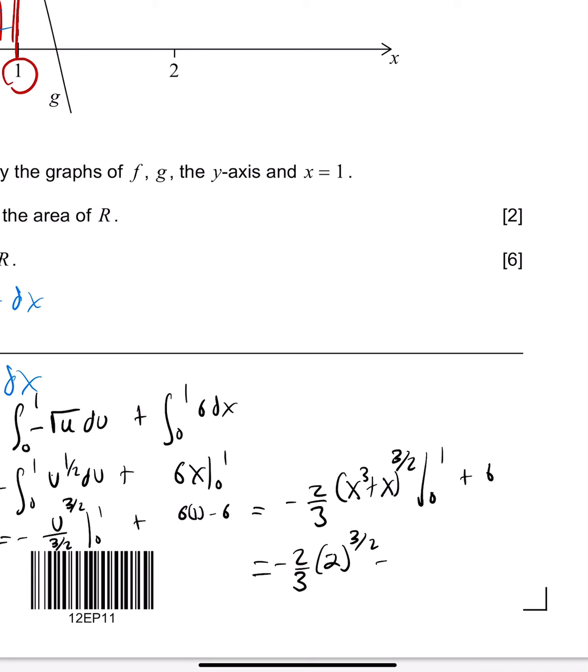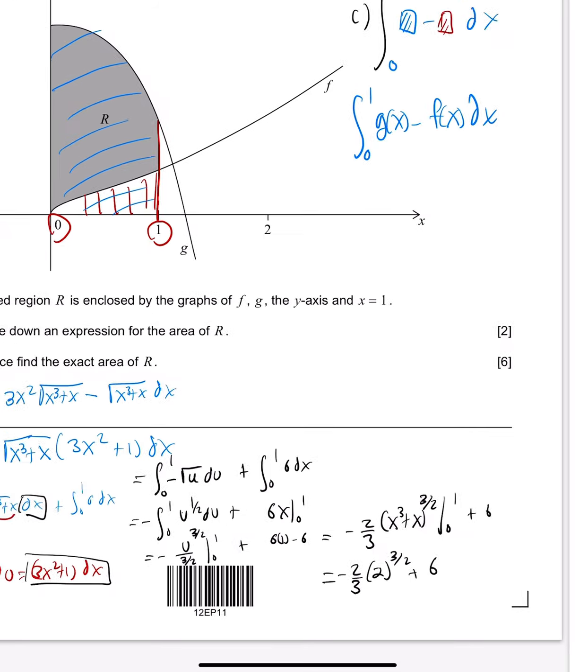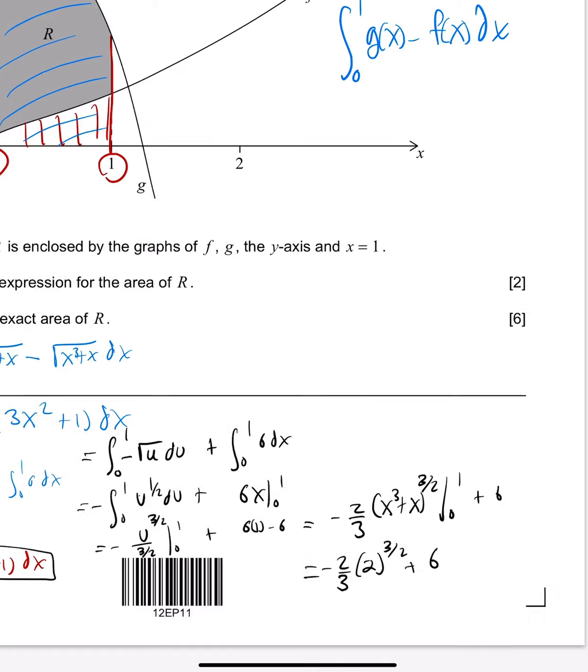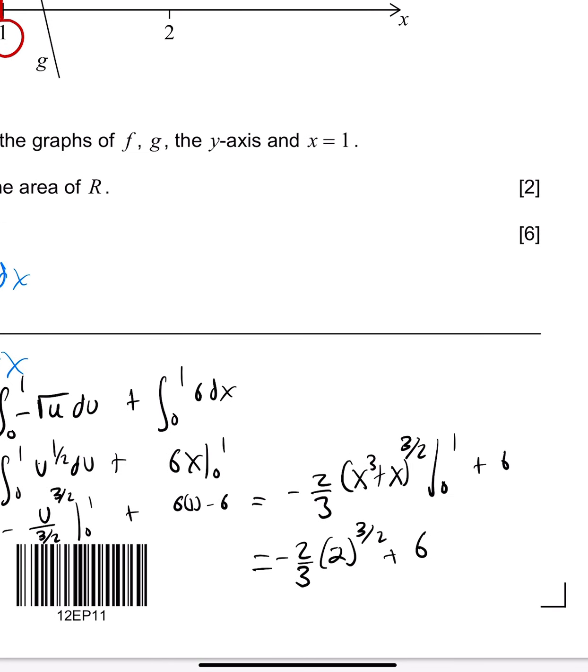And 0 to any power will stay 0. That's not something I need to worry about, so this expression evaluated at the lower bound is just going to be 0. So I'm going to be left with the 6 minus 6 here. My plus 6, I'll take that back. Yes, very good. And now my question is 2 to the 3 halves.